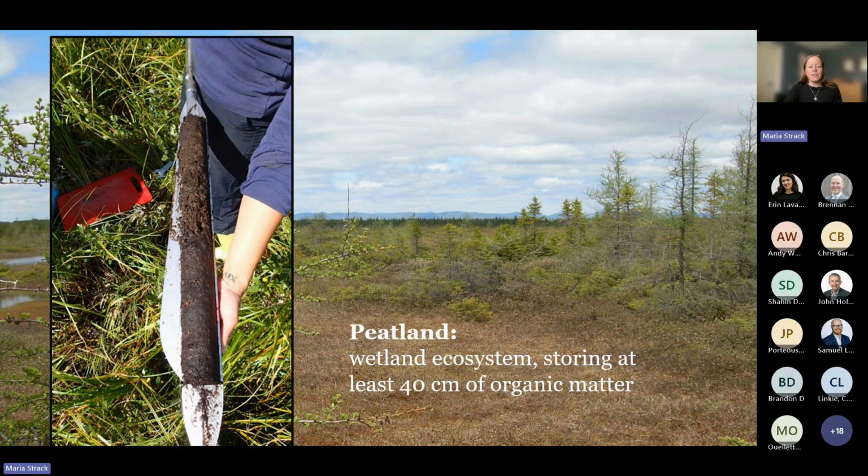And when we've accumulated over 40 centimeters of a largely organic deposit, then we consider that wetland to be a peatland. And over 90% of the wetlands in Canada are peatlands. So this is the vast majority of our wetland ecosystems in the country. And I just have a picture there of that peat deposit.